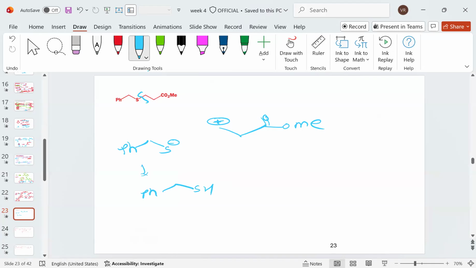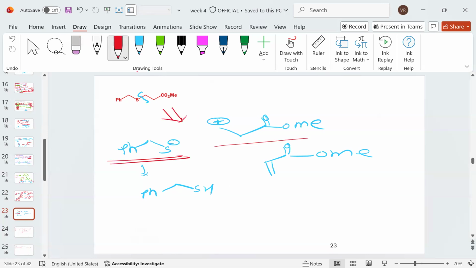So basically, this is delta positive, delta negative. This is basically a 1,3 addition reaction, that sort of thing. So this is the retrosynthetic analysis for this molecule, right? This is one part, this is another part, and this was the synthon, and these are the synthetic equivalents.